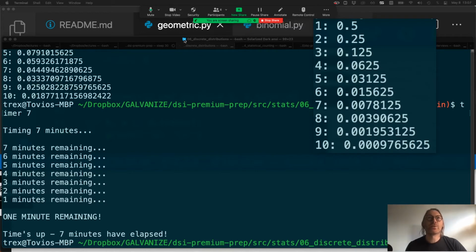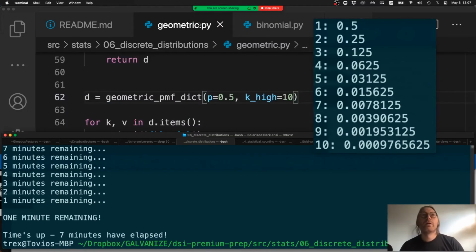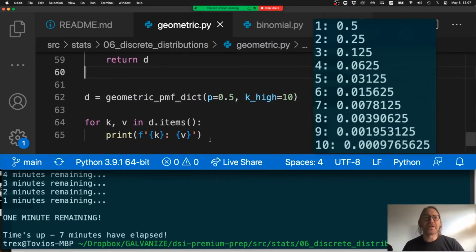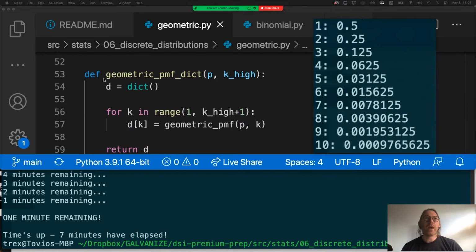Okay, so let's continue forward with this idea. I had you code the Geometric Pmf dictionary, and now I'm going to have you code the Geometric Cdf dictionary.